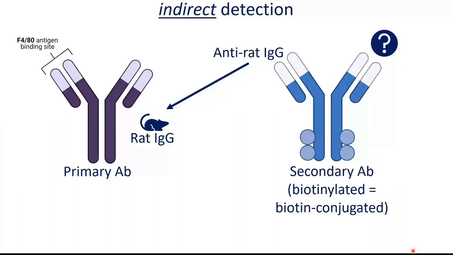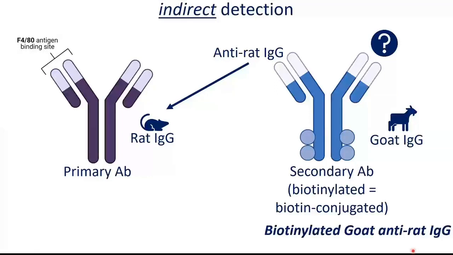Most secondaries are raised in animals such as goats, sheep, donkey, maybe even rabbit. But let's say it was raised in goat. What you would actually be looking for is an antibody that's called goat anti-rat IgG biotin conjugated antibody. It's a bit of a mouthful, but it's really important that you understand what each part of that name is referring to.